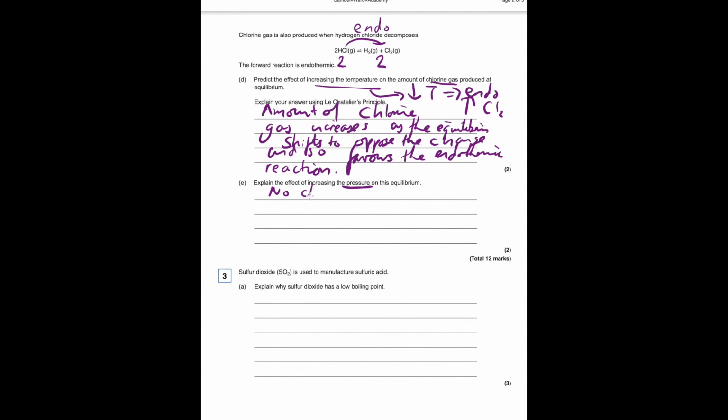So there is no change when pressure is increased because there is equal numbers of molecules on each side.